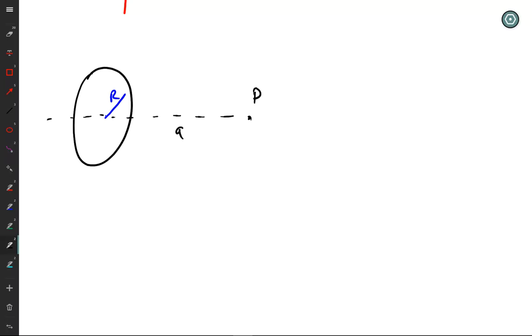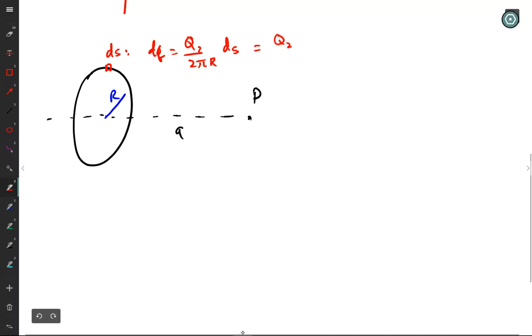Because if I look at, let's take a little piece of the wire here, ds with dq, and I'll stay with the same thing we had before, dq equals Q2 over 2 pi R times ds.